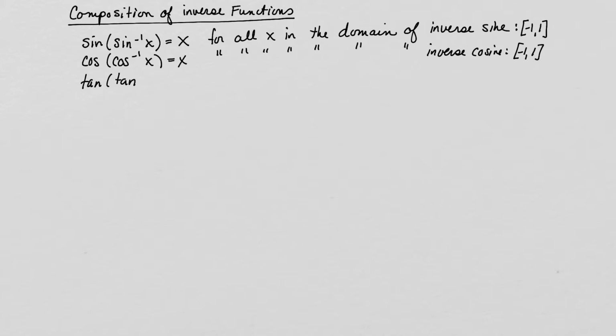The tangent of the inverse tangent of x is equal to x for all x in the domain of the inverse tangent. And remember, the domain of the inverse tangent was -infinity to infinity, so there you could get anything you want. The same would hold true for inverse cosecant and inverse secant, but we don't really deal with them. It's usually just the sine, the cosine, and the tangent that we're dealing with.